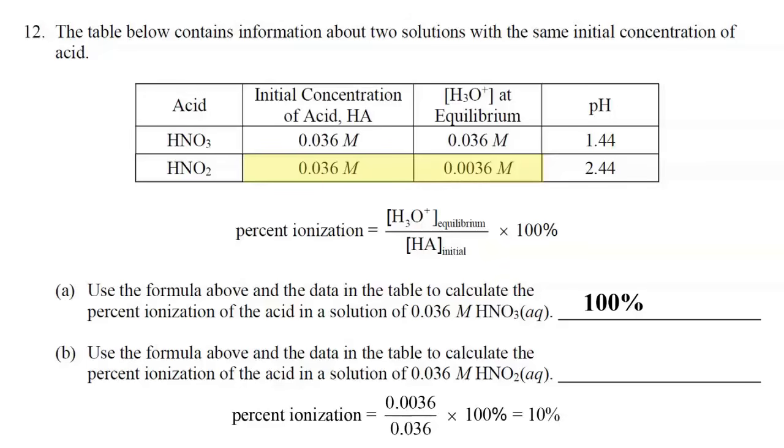The concentration of the hydronium ion at equilibrium is 0.0036 moles per liter. So when you divide that value by the initial concentration of the acid, you get 10%. So that is a difference between a strong acid, such as HNO3, and a weak acid, such as HNO2.